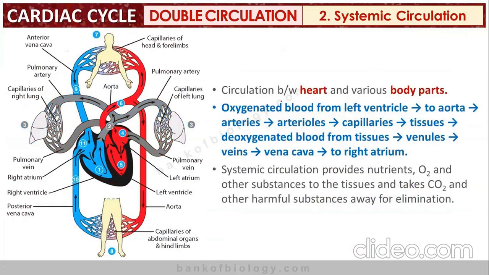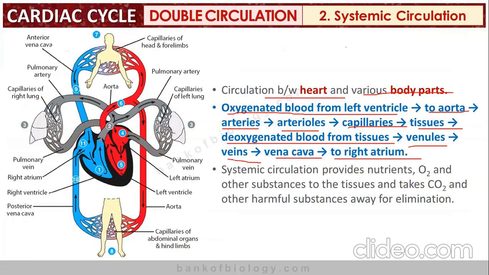Systemic circulation is the circulation of blood between the heart and various body parts. So the oxygenated blood from the left ventricle goes through the aorta, through the arteries, and then the arterioles, the capillaries, the tissues, and from the tissues the deoxygenated blood is collected and goes to the venules, that is the veins, and vena cava, and finally to the right atrium for oxygenation.